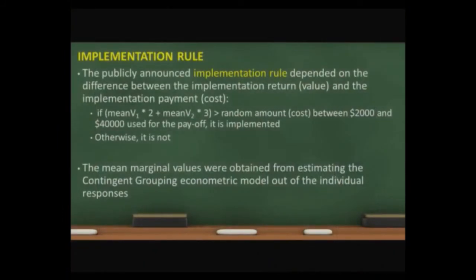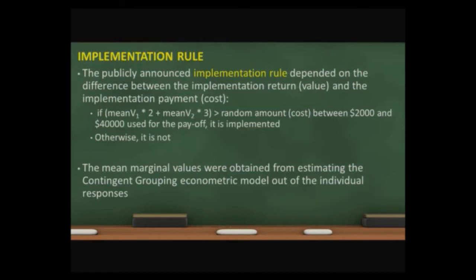Okay? So this would be the mean value we calculate out of your responses for good 1 and the mean value for good 2, assessed at 2 units and 3 units. So this would be the social value per person. And this would be the random number, the cost, that we will randomly pick.